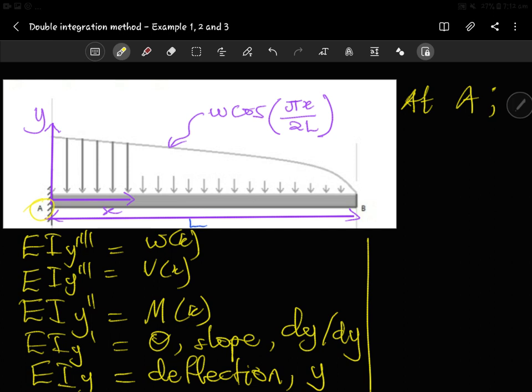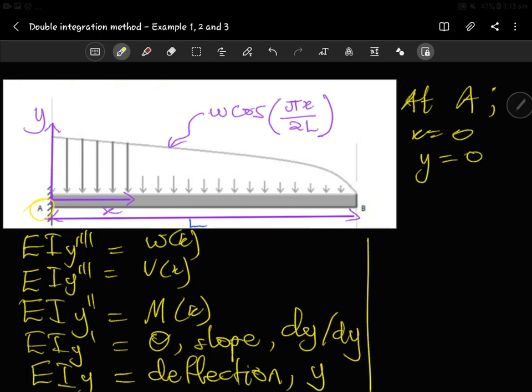So at A, we can see that x is equal to 0, and at that very point there is no shear in that particular element, so we have our V. At that point, where x is equal to 0, there will be no deflection, so we have y equal to 0.